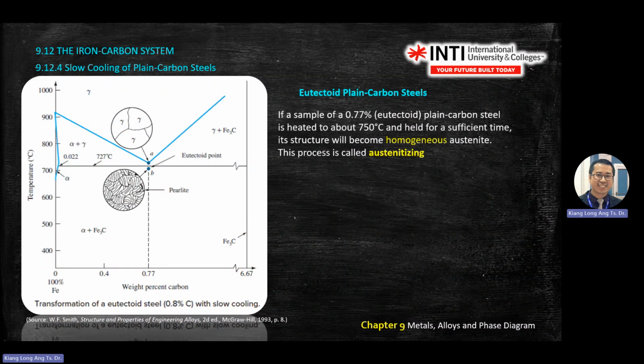So carbon steel of 0.77% plain steel is heated to about 700 degrees C. This one is 700, 750 is about here, this point is 720. And held for sufficient time, the structure will become homogeneous austenite.